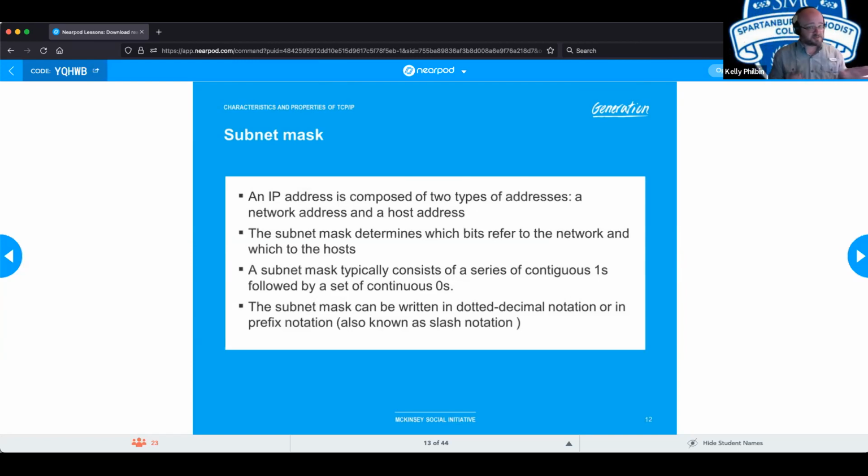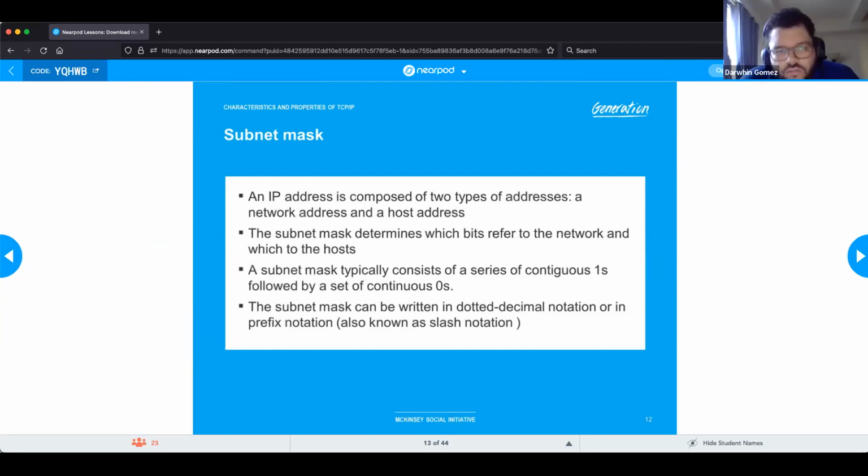It's not like a MAC address where the first three are the manufacturer and the last three are the device. It's not like that. Because of classification and how we have to break these things up, not all networks are created equal, right? You at your house aren't going to need a network the size that Google needs. You don't need 4 billion computers. You may only need 6.